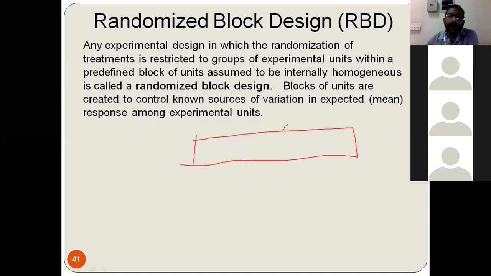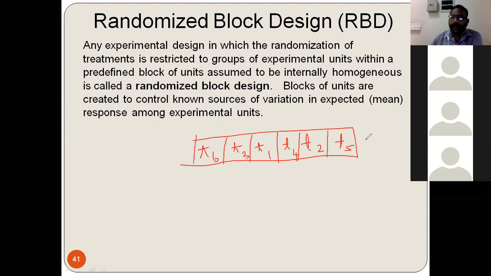Let's say I have 6 treatments. Each of these are experimental units. Randomly, I can allocate the treatment, not in order. You see, treatments are allocated for each of these experimental units on a random basis, right?